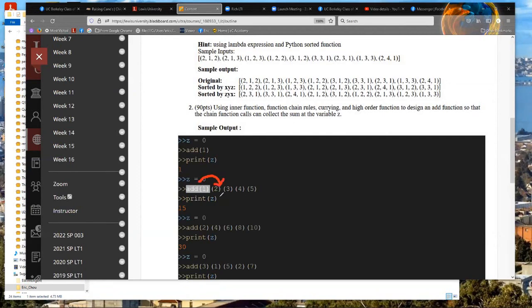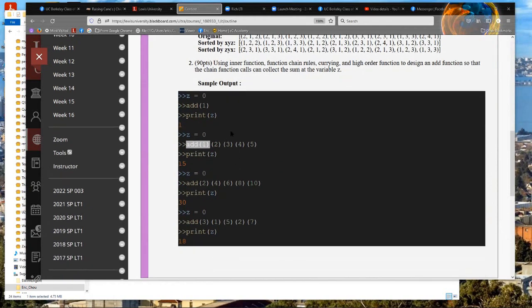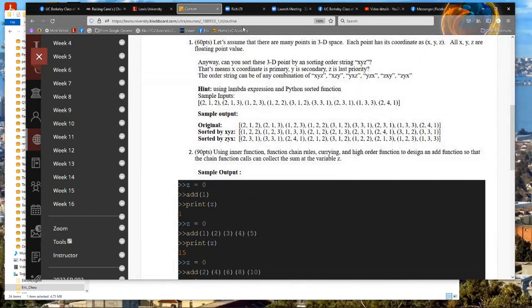And the sum of this will apply to the next one. It will always return a function, return a function, return a function. So this add should return a function every time. It should be a function that returns a certain function.